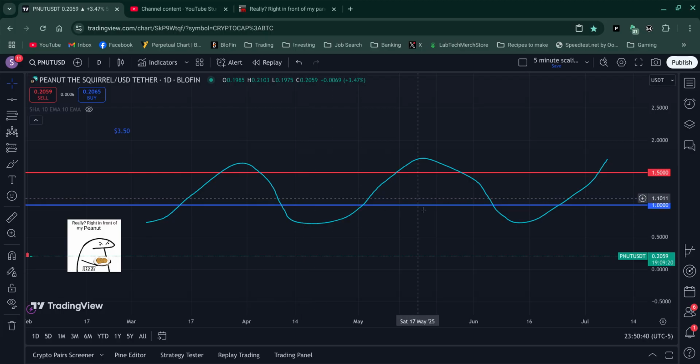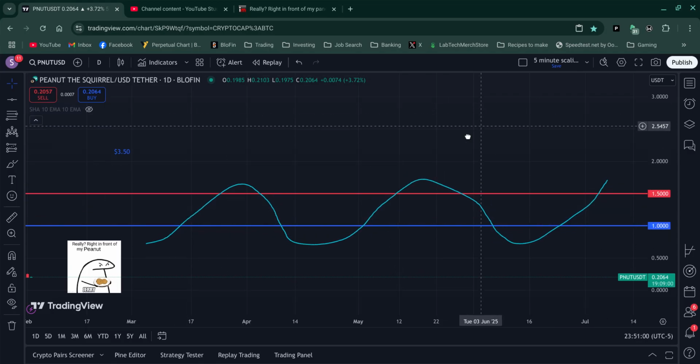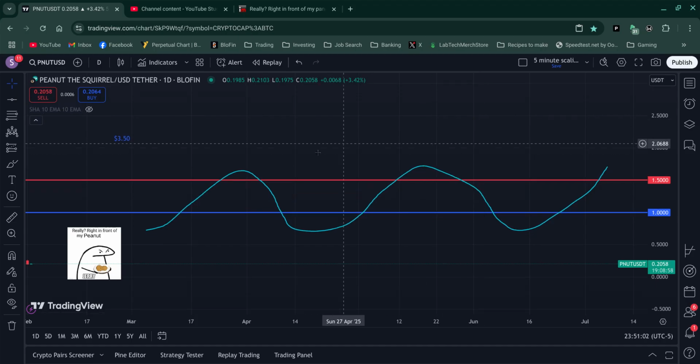Even though the price of peanuts may not necessarily go super high, he can make some return on investment buying and selling peanuts in this way. And by using a computer algorithm, a software algorithm, he can automate this process so that he doesn't have to manually buy and sell all this stuff himself.